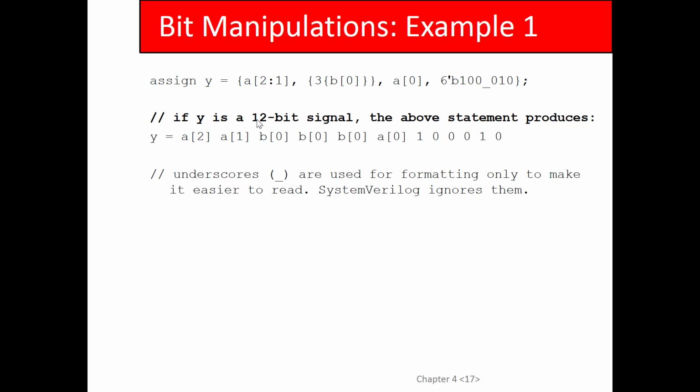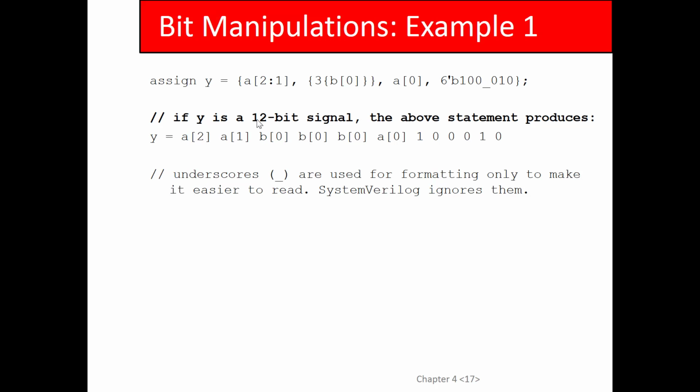Also, these curly braces allow you to combine multiple subexpressions into one binary value. So in this case, I want to assign y to these 2 bits of A, and then this bit of A and this 6-bit constant value. Over here, this notation is a replication operator.